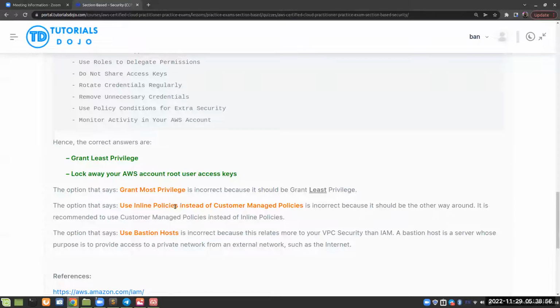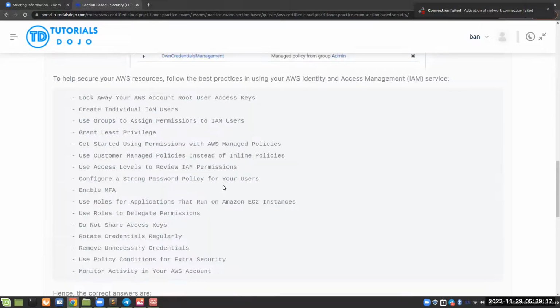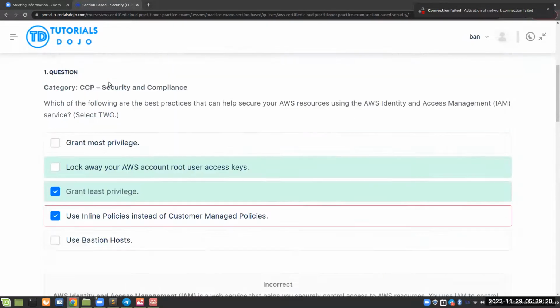Most of the time, users are discouraged from using inline policies. So just keep that in mind. Bastion host is just something else. It's a server that acts like a gateway to access hosts in your VPC. So this was just out of place. Anyone has a question on this?